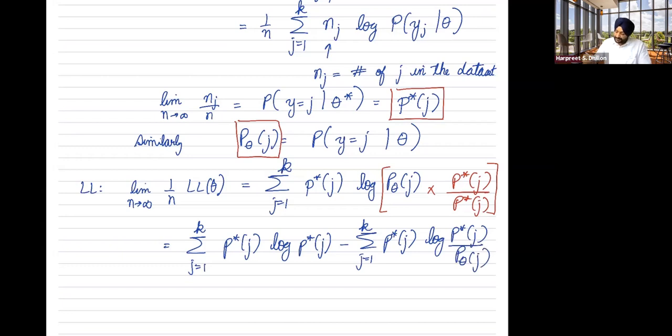So, pretty straightforward manipulation of this expression.